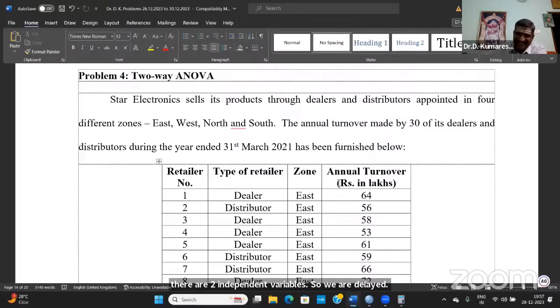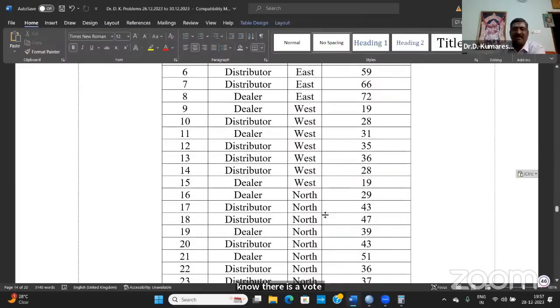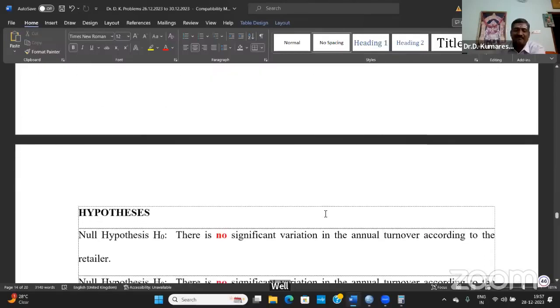Is it correct? No. We have to write three hypotheses. One is about type of retailer. Another is about zone. Another is about both. We call it as interaction.